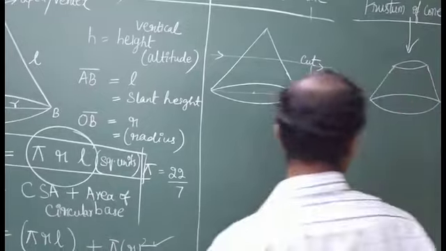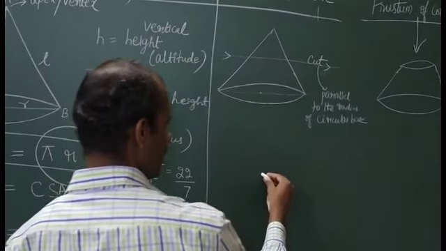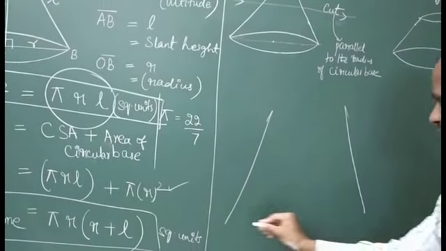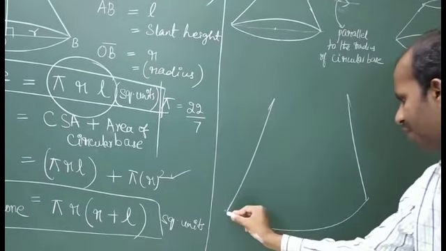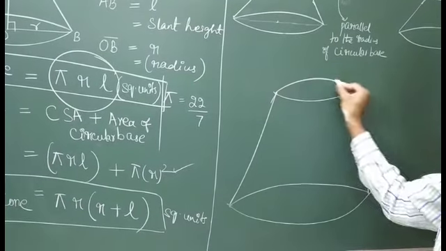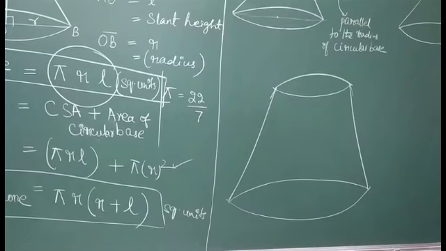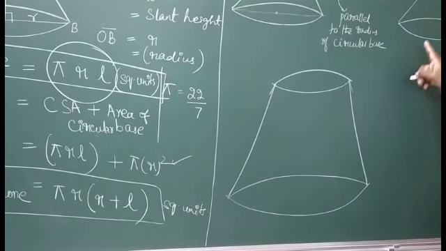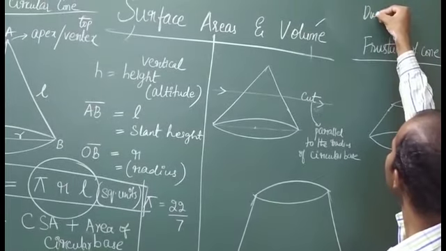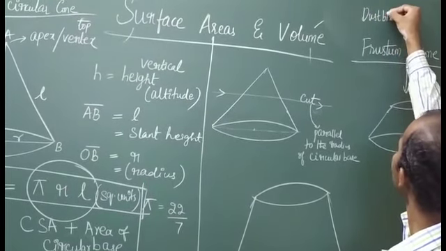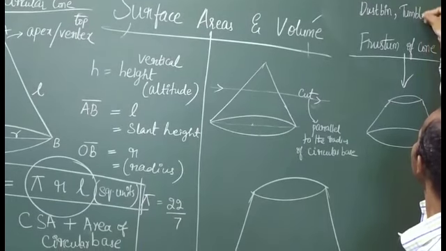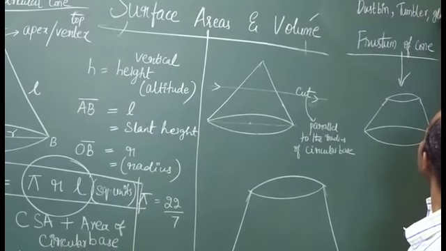So if I have to write the diagram once again, so just like this. So this is my frustum of the cone. And for the frustum of the cone, we have examples such as dustbin or a tumbler, glass.